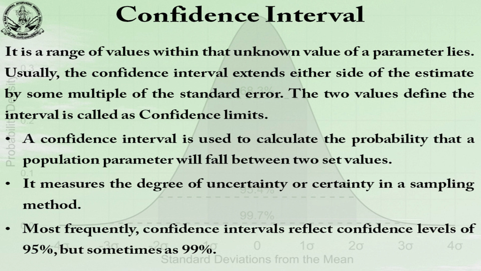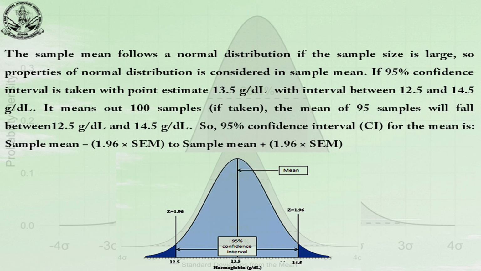A confidence interval is used to calculate the probability that a population parameter will fall between two set values. It measures the degree of uncertainty or certainty in a sampling method. Most frequently, confidence intervals reflect confidence levels of 95%, but sometimes 99% is also taken. Conventionally we take 95%, which is accepted throughout the world.